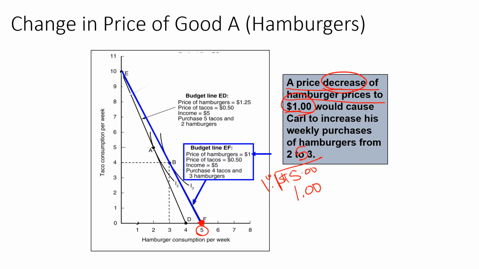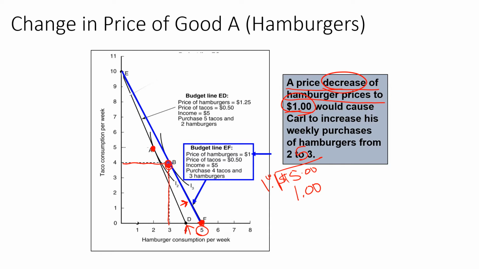So our budget line moved from the left to the right, which means now that our budget line is tangent at a different point than it was originally. It was originally tangent at A when hamburgers were $1.25, but now that hamburgers are $1, it's tangent here at point B.